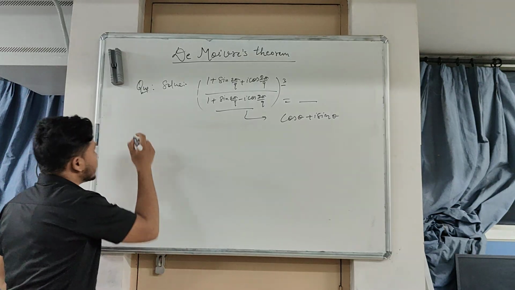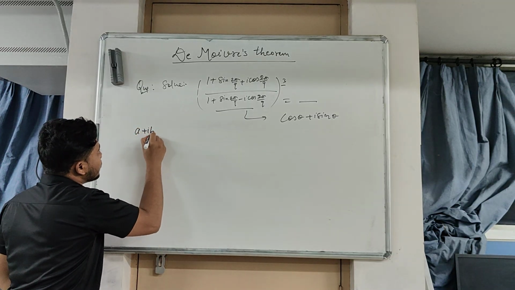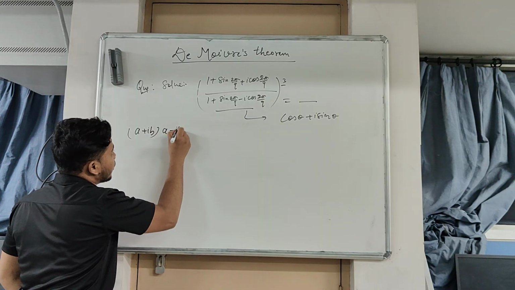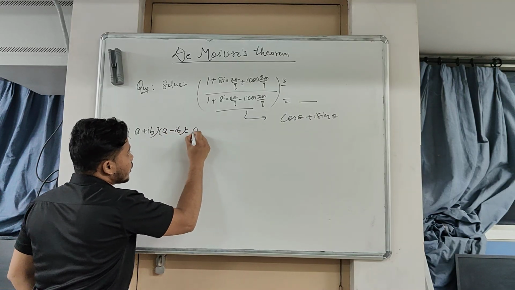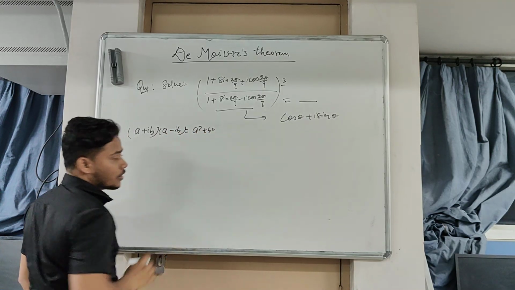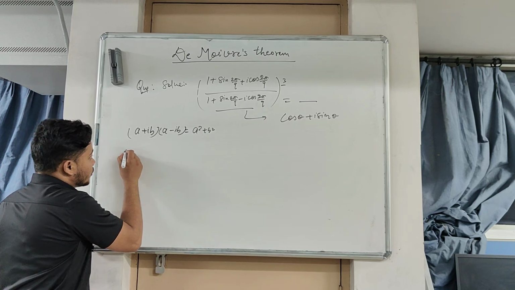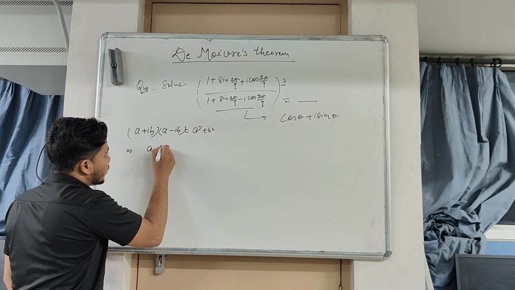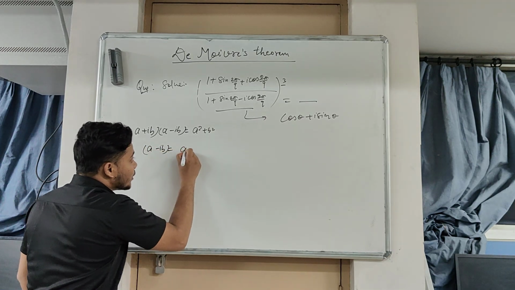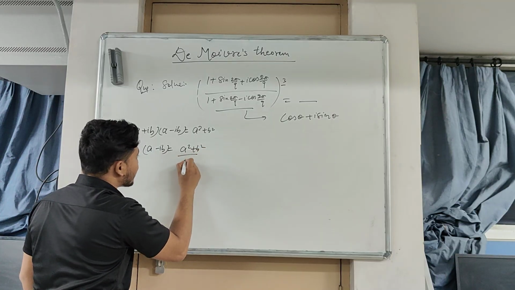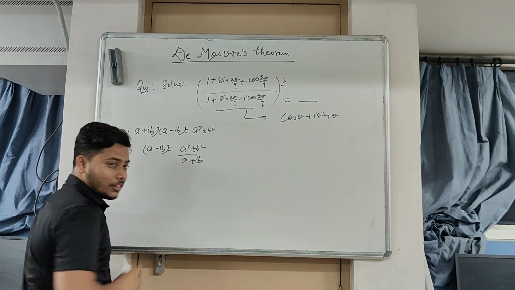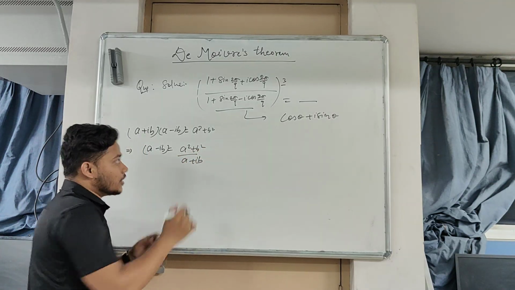What is the identity? See, (a plus iota b) into (a minus iota b) is equal to a square plus b square, right? So this implies that a minus iota b is equal to (a square plus b square) upon (a plus iota b). Can we use it here? Yes.